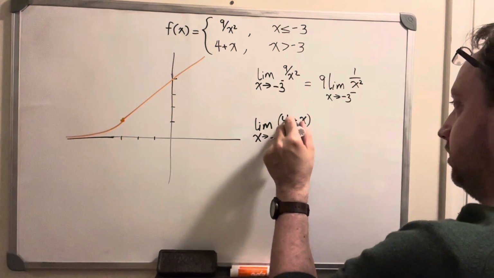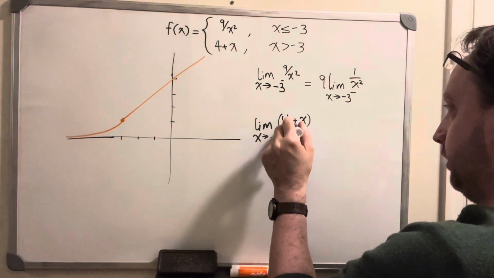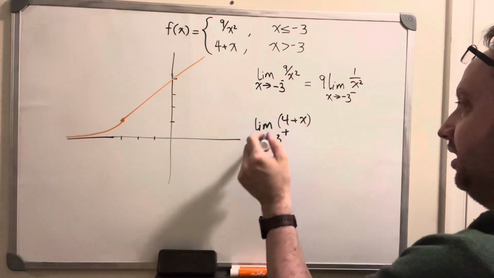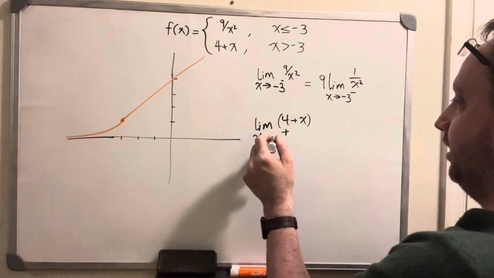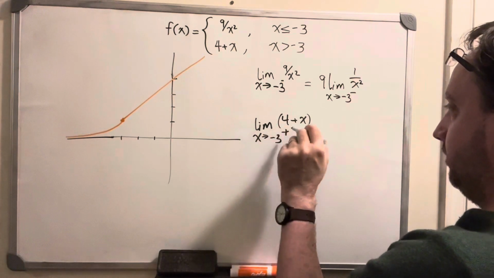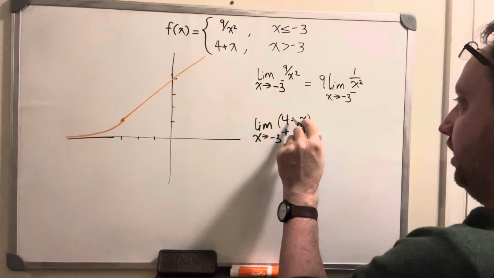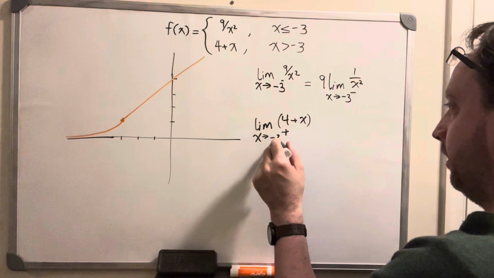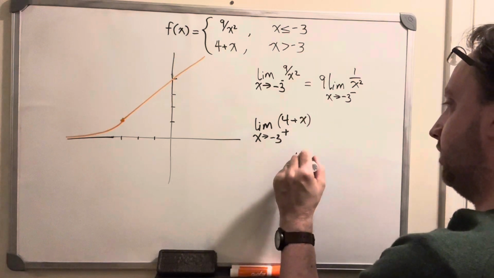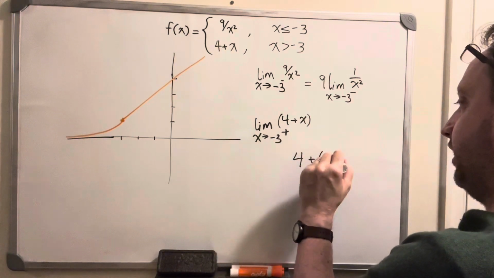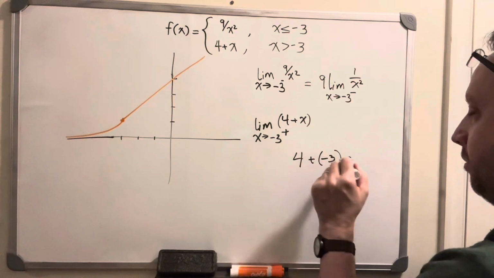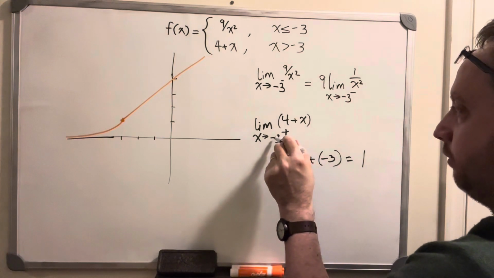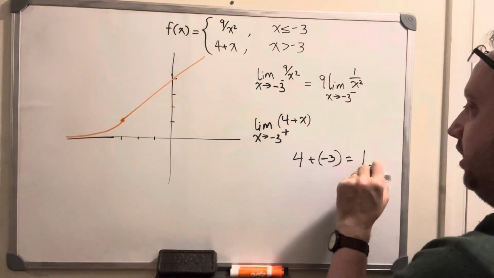The limit of a constant function is the value 4, or the limit of 4 as x approaches -3 from the right is 4, and the limit of an identity function is just the value at the limit. So what this ends up being is 4 plus -3, which is the same as 4 minus 3, which is 1. So the limit as x approaches -3 from the right is also 1.